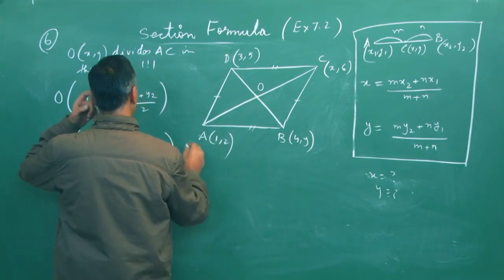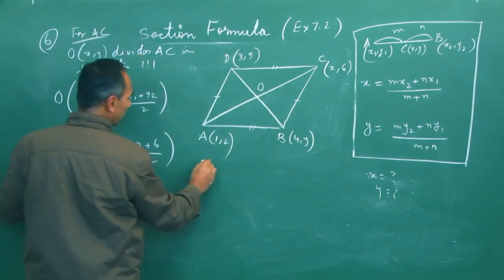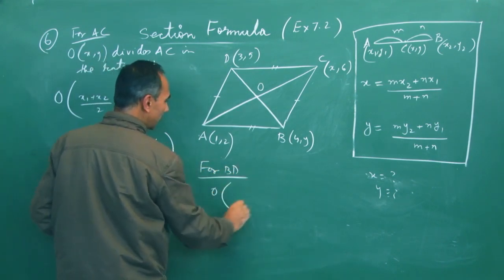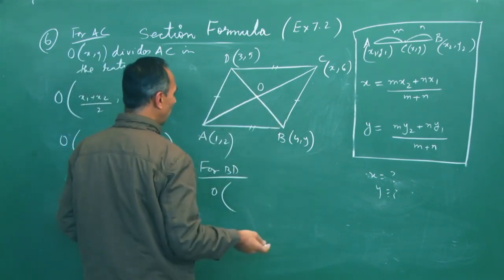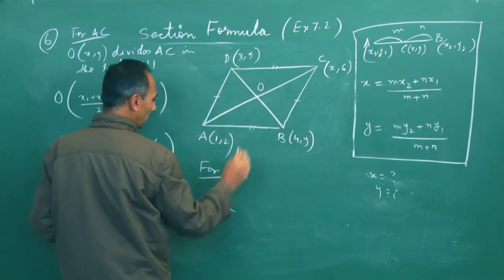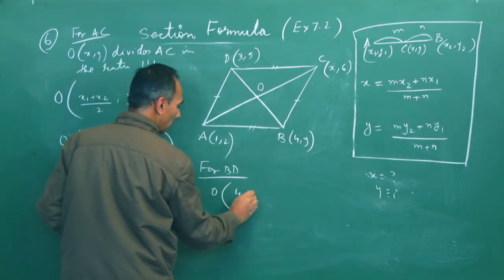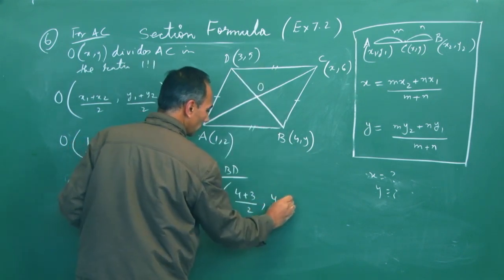Now take diagonal BD. Prepare the coordinates of O on the same lines. O is on BD and O happens to be the midpoint. Applying the formula directly, x1 plus x2 upon 2, comma y1 plus y2 upon 2.